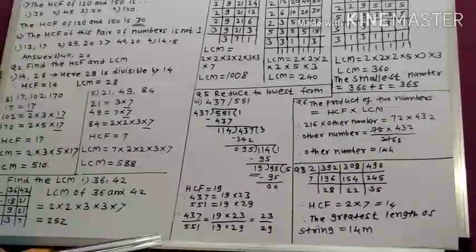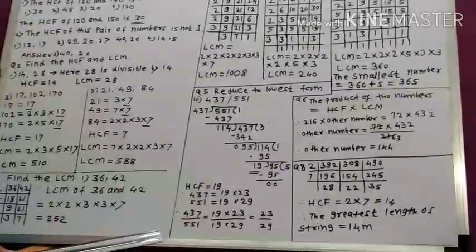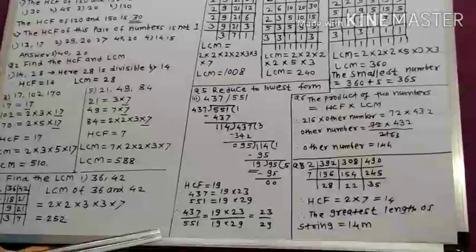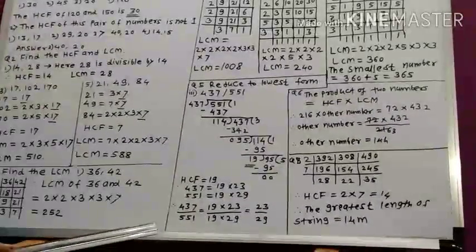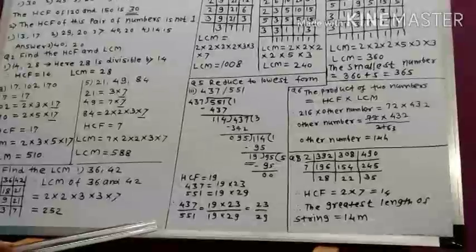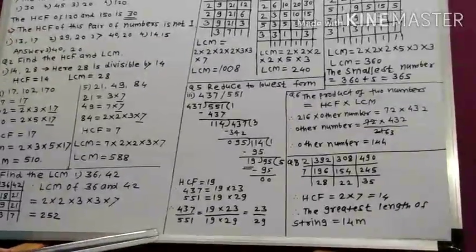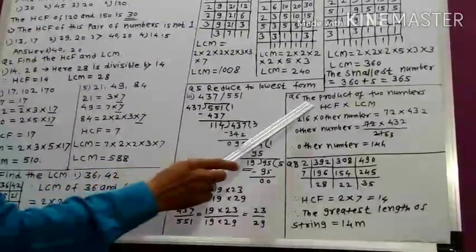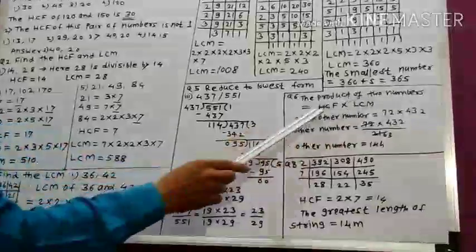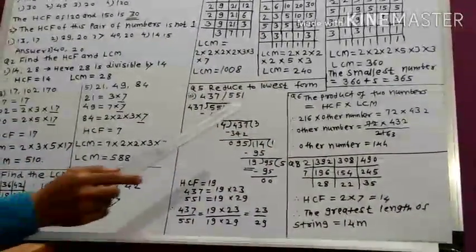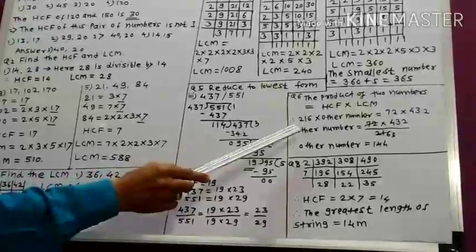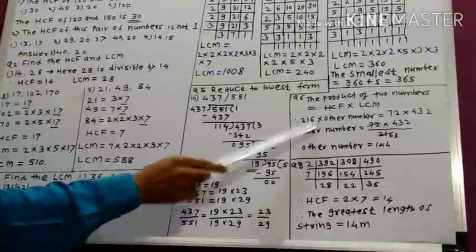In the last period we saw the property of HCF and LCM. The property is that the first number into the second number is equal to their HCF into LCM. In this way, the product of two numbers is equal to HCF into LCM.